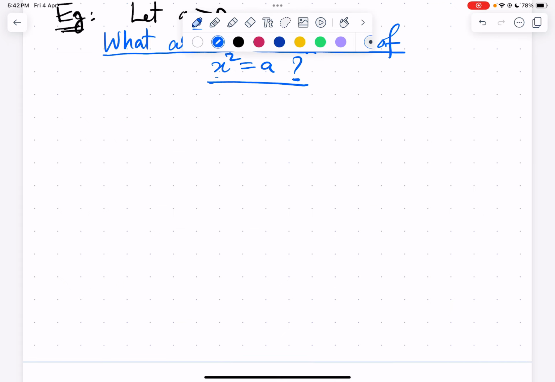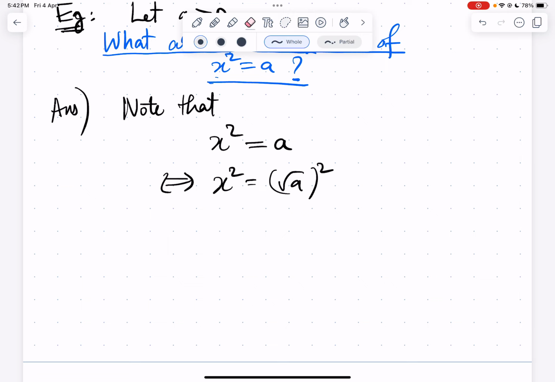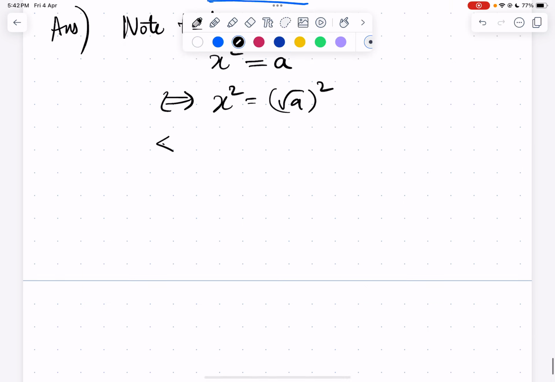So we can answer this. Note that x square equals A. We can rewrite this as x square equals square root of A whole square, right? Since A is positive, square root of A exists and we can write A as square root of A whole square.